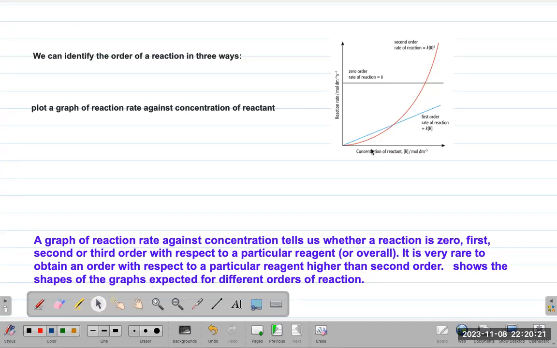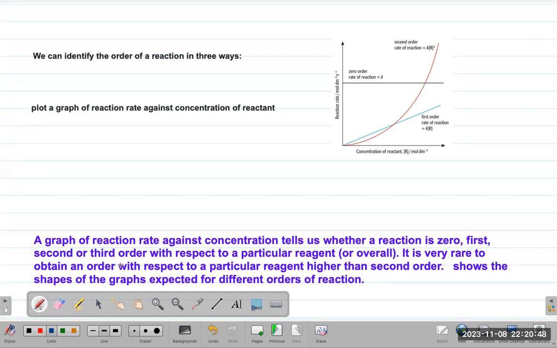In practice, we are often finding the order of the reaction by just looking at the curve. You can just find the order by just looking. So a graph of the rate of the reaction against the concentration will tell us whether a reaction is zero order, first order, second order, or third order in respect to a particular reagent or overall.